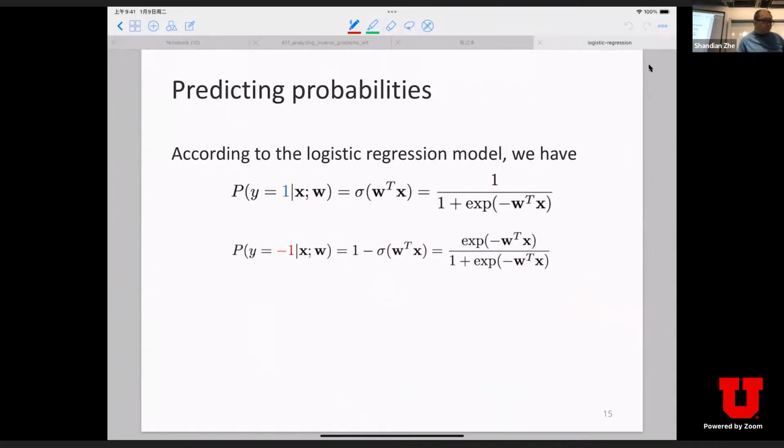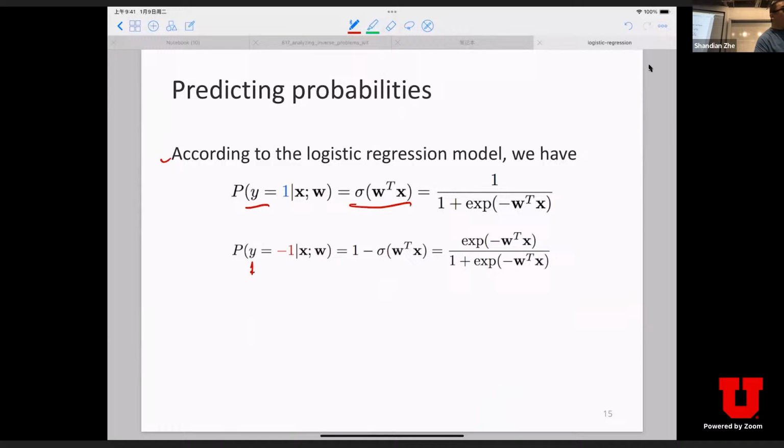So now we're going to model, given the label y, what is the likelihood. When y is 1, the likelihood of your positive label is just this probability, which is just sigmoid of W transpose X, right?